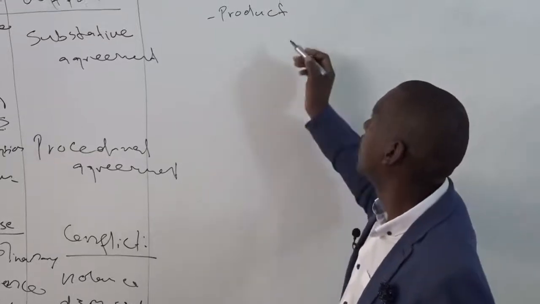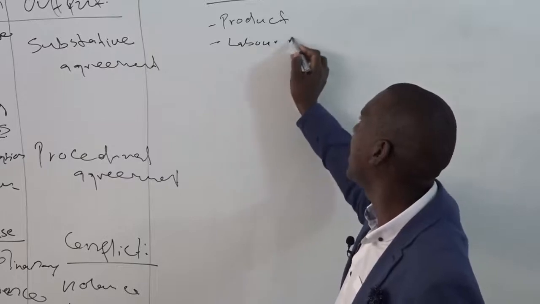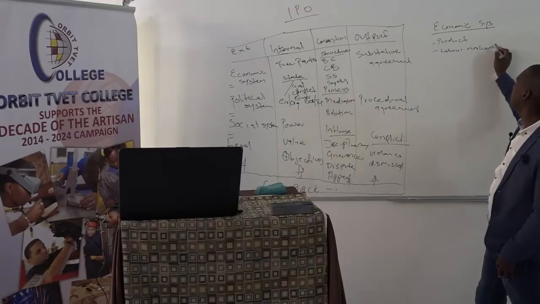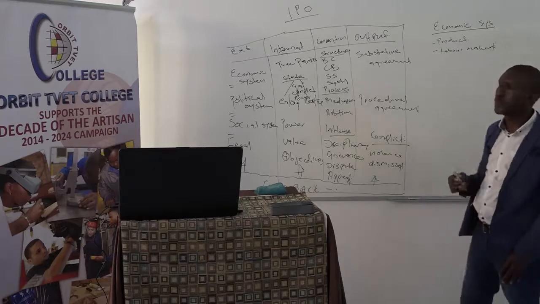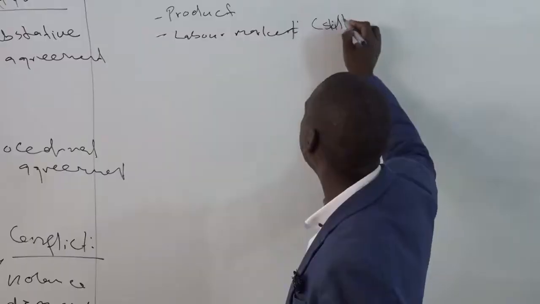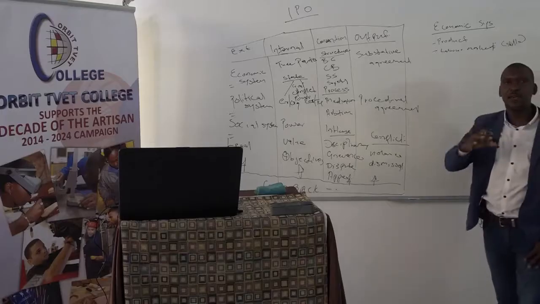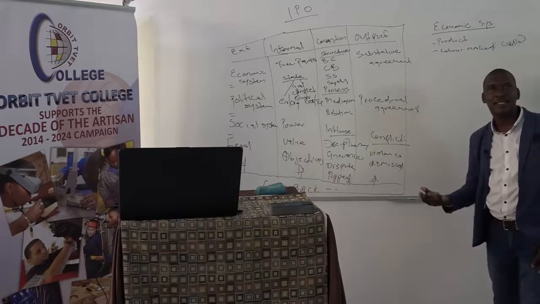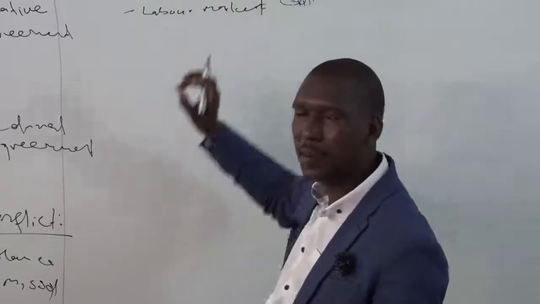The second one is the labor market. With regards to the labor market, we are actually referring to the types of skills, the set of talents that is available. We've got semi-qualified, unskilled, or technical skills that are available in our labor market.